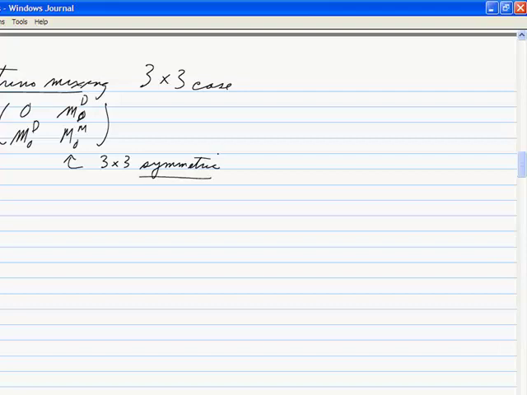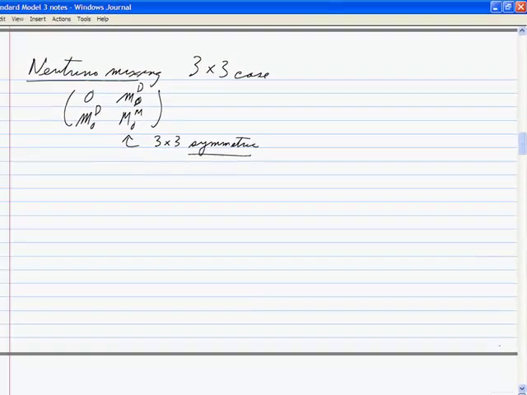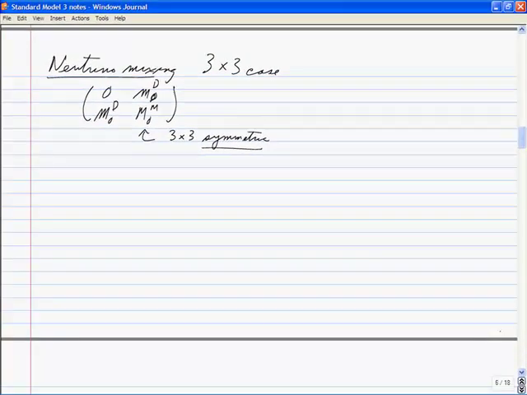It's symmetric because it's nu right coupled to nu right, so those fields are symmetric. You integrate out the Majorana.